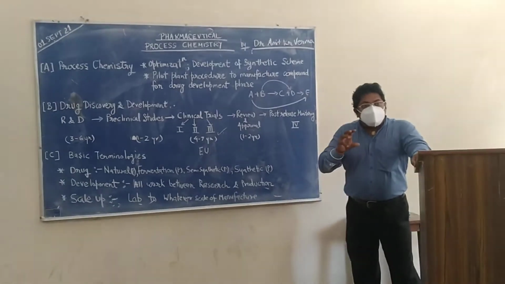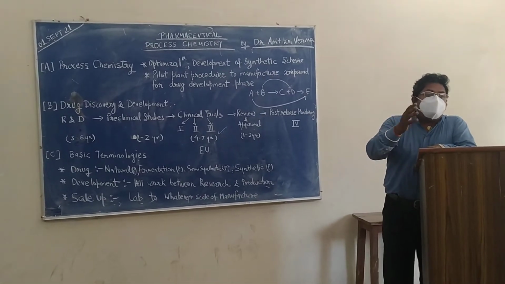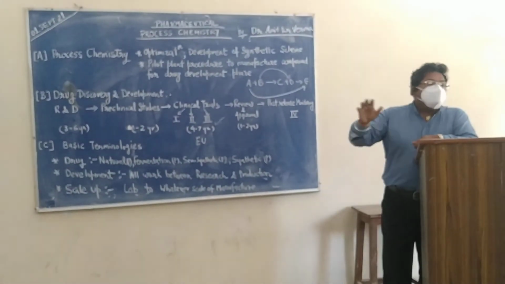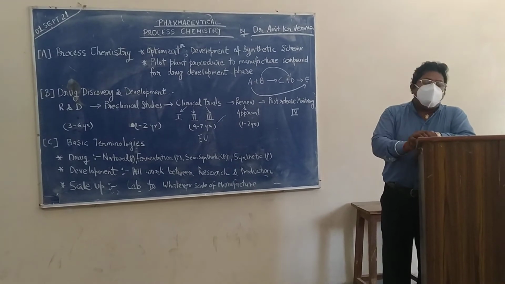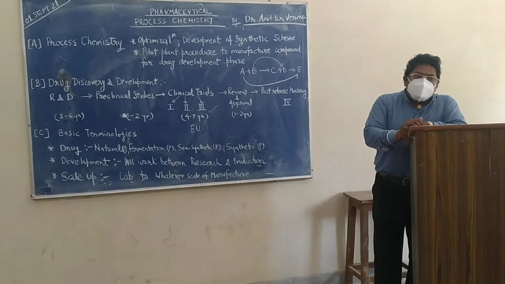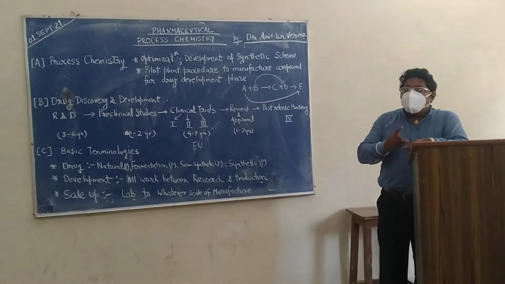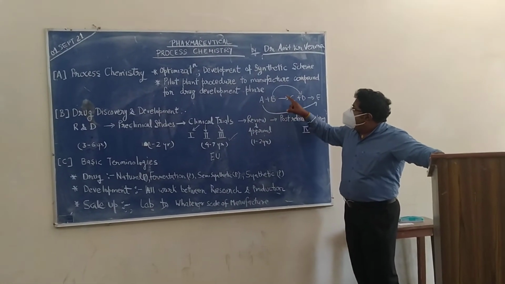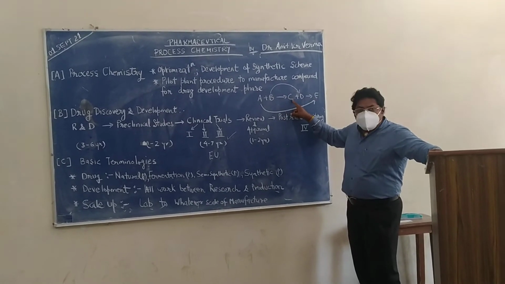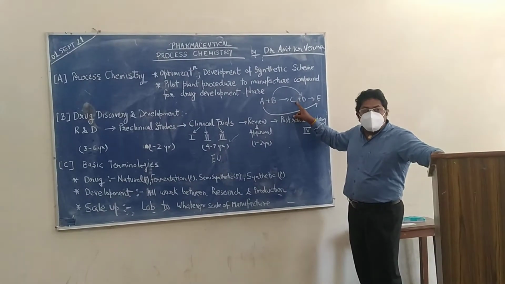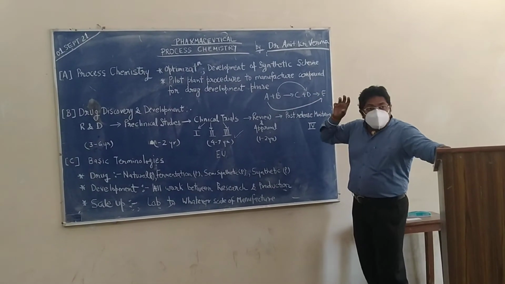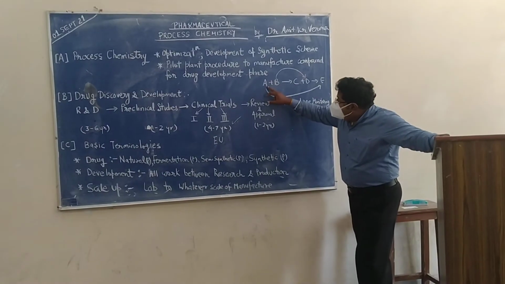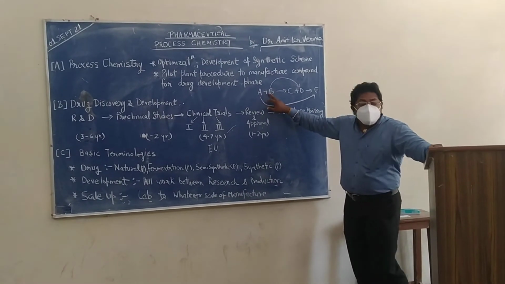Suppose you have cleared your M.Sc. and you are recruited in the API plant of some company, for example Zydus. What will be your role in R&D? Your role should be like this: I have given an example, A plus B gives C, and when C reacts with D it gives E. What should your innovative role be?